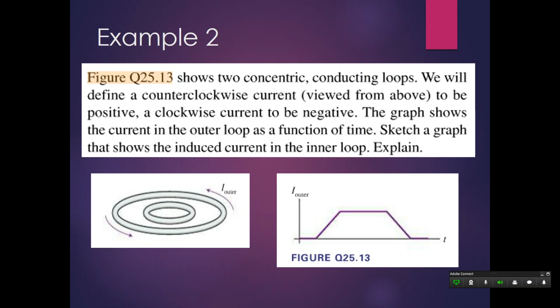And then look at here, there's no change in current, no change in flux, and no change in flux means no induced voltage, and no induced voltage means no induced current. Right. So that part stays constant, and then it goes back.